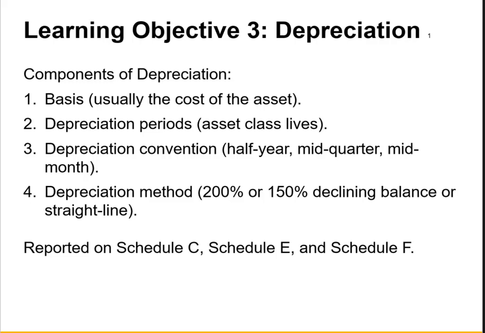All of those could have depreciation. So if an asset is not used for rental income or for a business, then you don't get a deduction for depreciation. It has to be used in one of those two.